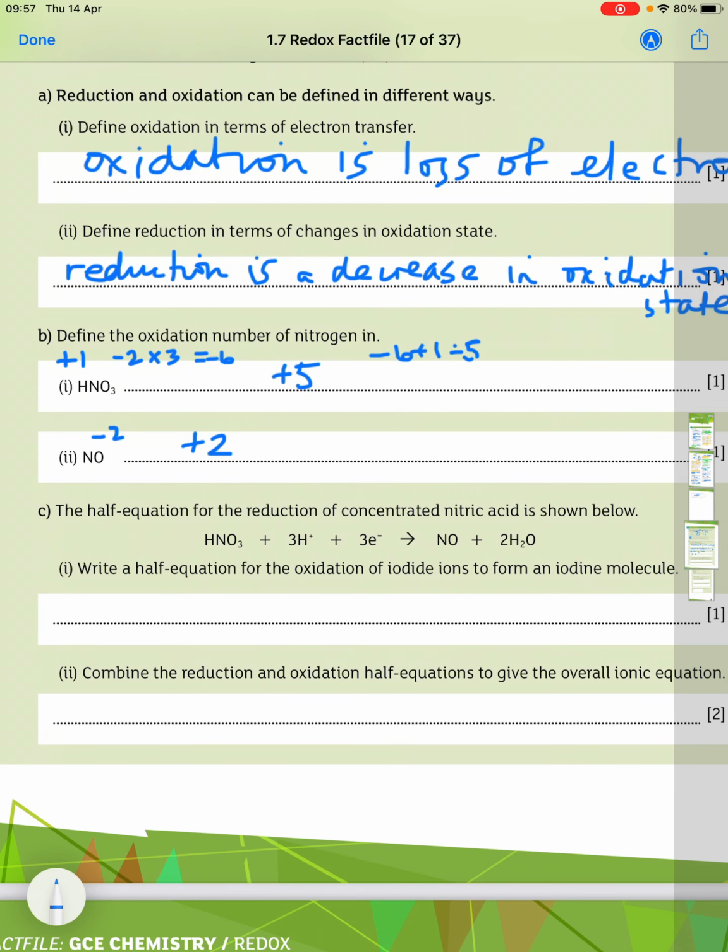So next, the half equation for the reduction of concentrated nitric acid is shown below, with HNO3 and 3H plus and 3 electrons gives you NO and 2H2O. Write a half equation for the oxidation of iodide ions to form an iodine molecule. So iodide ions, I minus, iodine is I2, so we need 2 I minus, and we're going to get 2 electrons on this side.